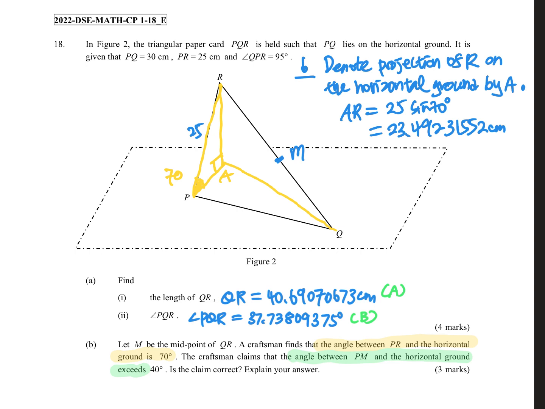Don't forget this answer, we let it be C. So we have to find QM, which is QR divided by 2, so that is 20.34535336. That will be D.